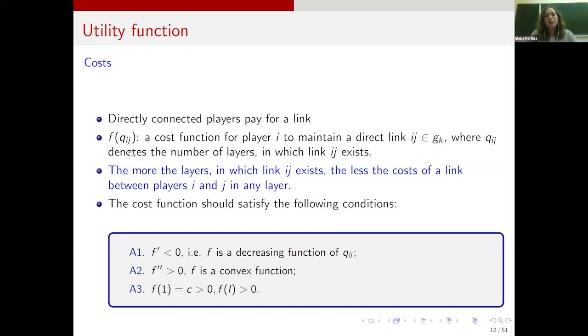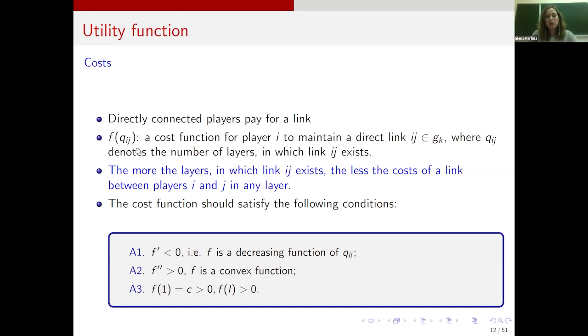So we assume that the cost function is denoted by f of q_ij. It is the cost function for player i to maintain a direct link with player j, if this link exists in this layer. And q_ij denotes the number of layers in which this link exists.